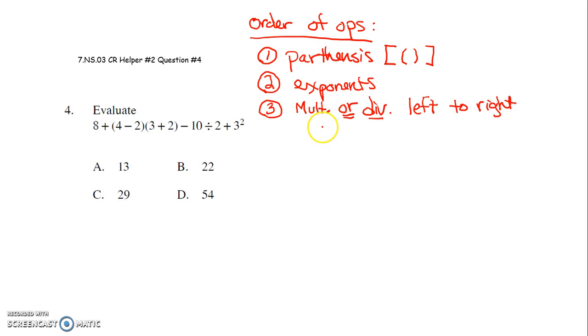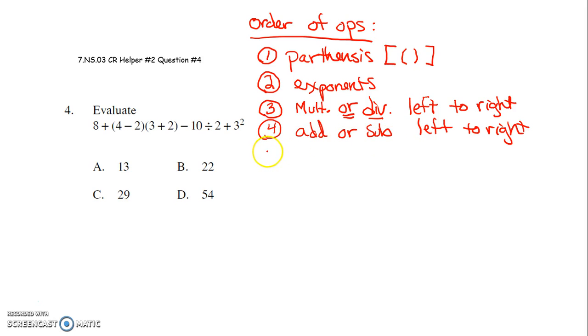Multiplication doesn't come before division. Division doesn't come before multiplication. It's whatever you hit left to right. They're at the same level with our order of operations. And then finally, in your last step, you're going to add or subtract, again, left to right. Addition doesn't come before subtraction. You have to move left to right when you only have addition and subtraction left.